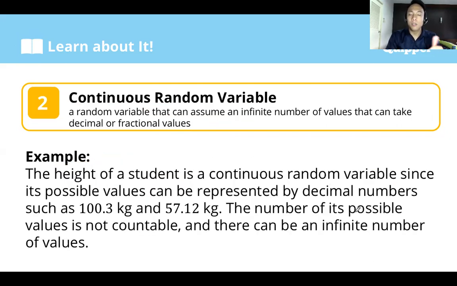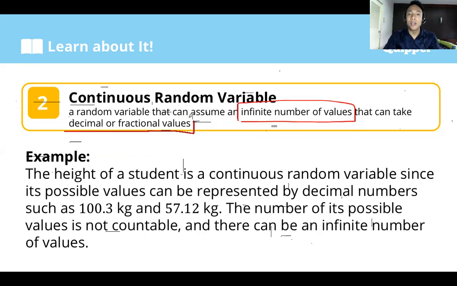Continuous random variable. From the word continuous, pwedeng ituloy. A random variable that can assume an infinite number of values that can take decimal or fractional values. So if we have some variables na merong decimal or fraction, that is now considered continuous.